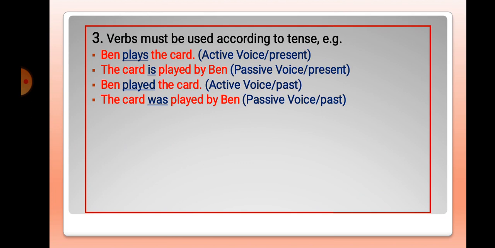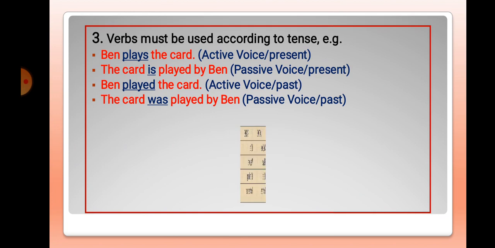See, it's only the auxiliary that we change when it comes to giving the passive of the present active or past active. So we have Ben played the card, and we say the card was played by Ben. So is changes to was.